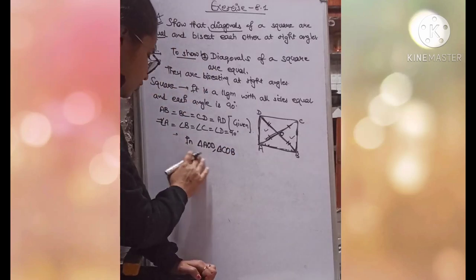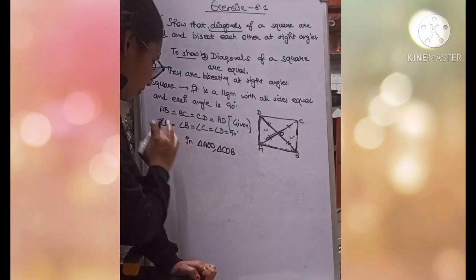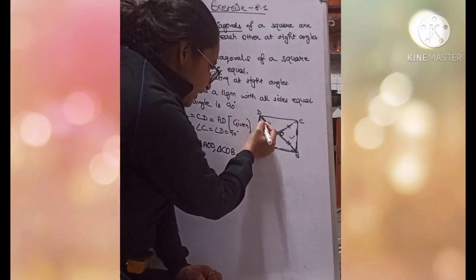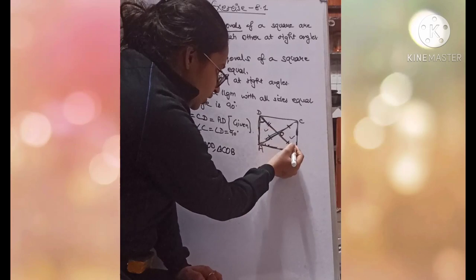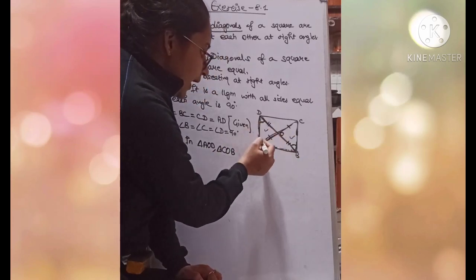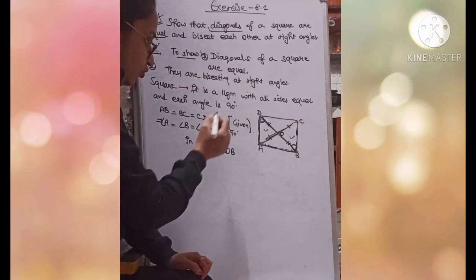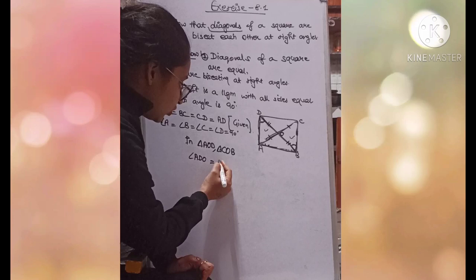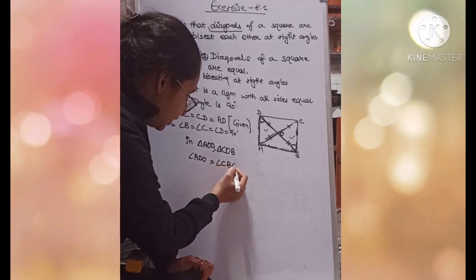These two triangles, what do we have? First of all, in triangle AOD, this angle is equal to this angle. Why? Because they are alternate interior angles and AD is parallel to BC. So you will write angle ADO is equal to angle CBO.